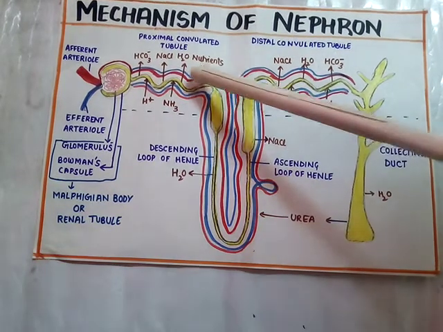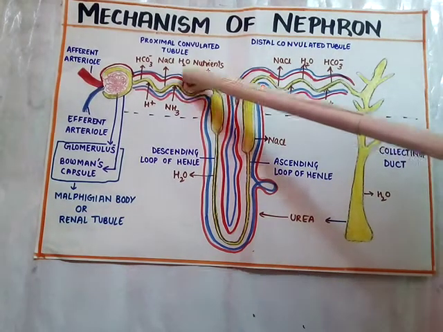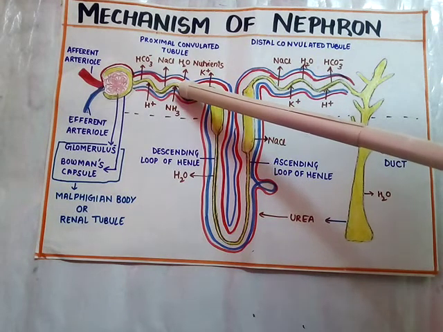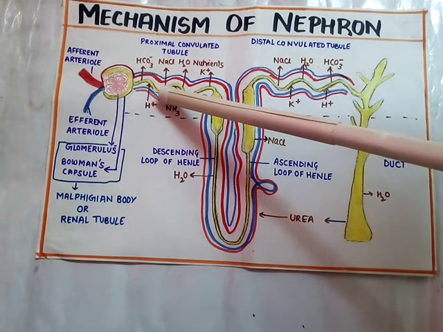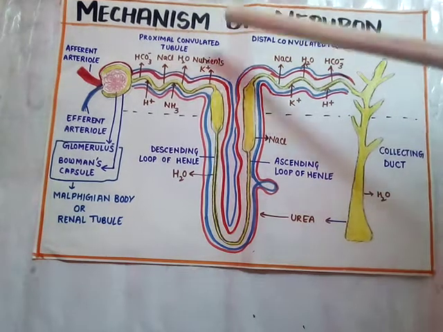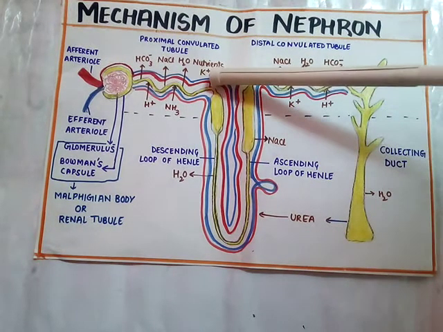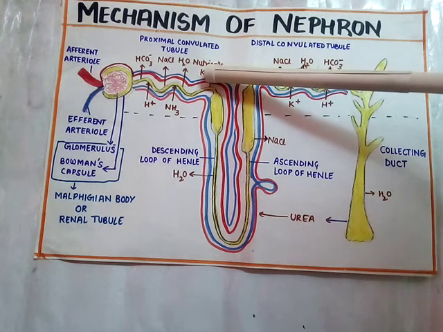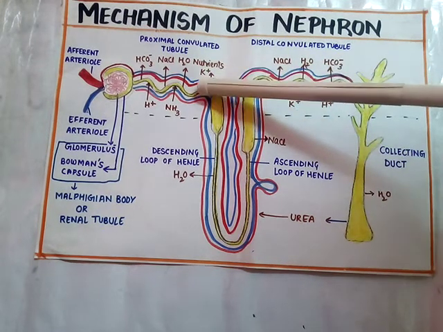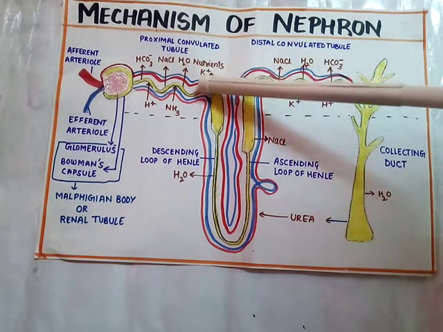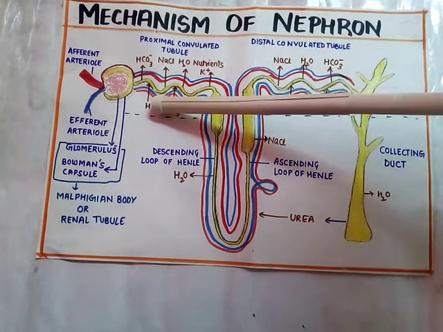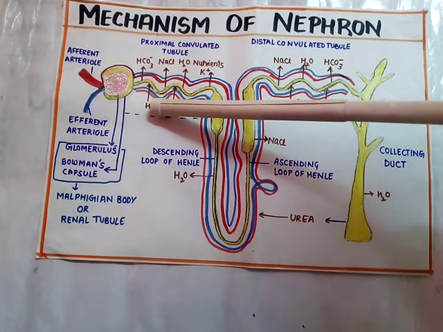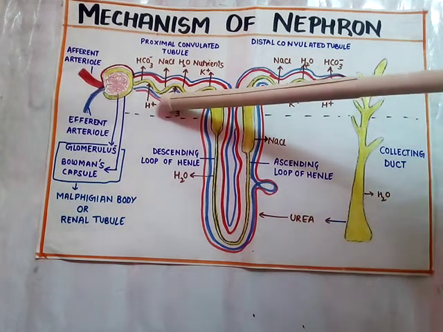Now you can see the two arrows. One is directed away from this tubule and one is towards the inside of this tubule. The first arrows symbolize the reabsorption from this tubule into the blood vessels, and these arrows denote the secretion of different substances into this tubule.